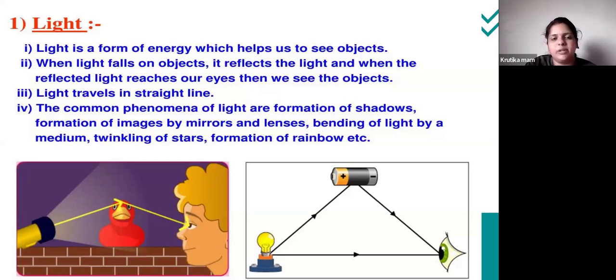So very simple definition for the light. Light is a form of energy which helps us to see the objects. Yes, clear? So very simple, clear definition it is. Light is a form of energy which helps us to see the objects.